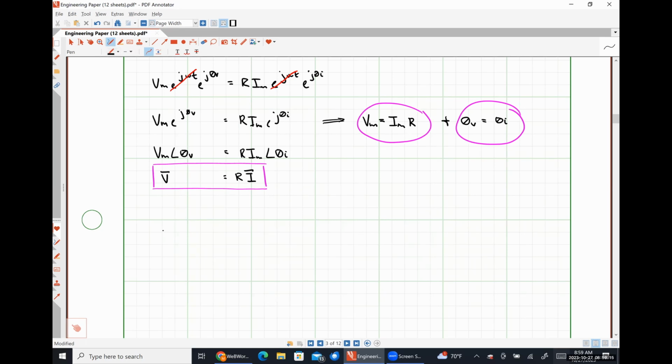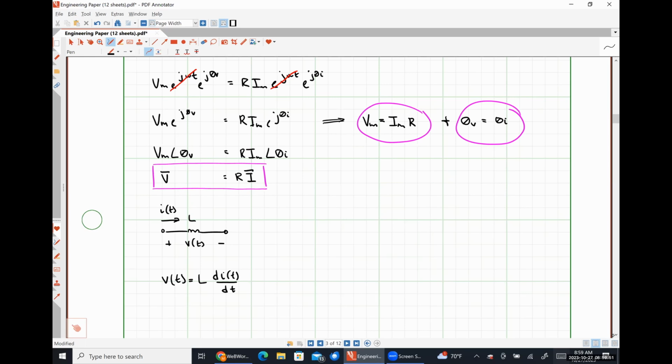Now let's repeat what we just did, but with an inductor. So what is the derivative-based relationship between inductor current and inductor voltage? V is equal to L di by dt, right?